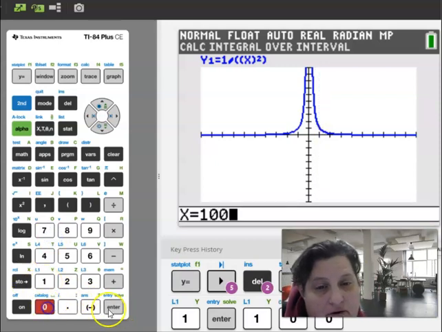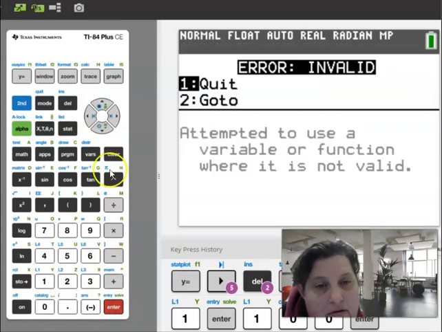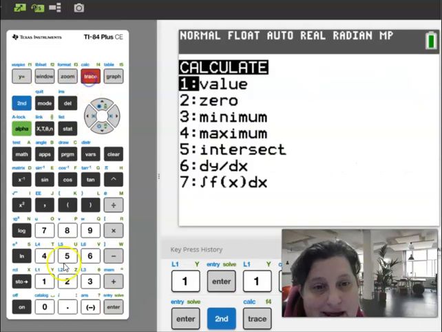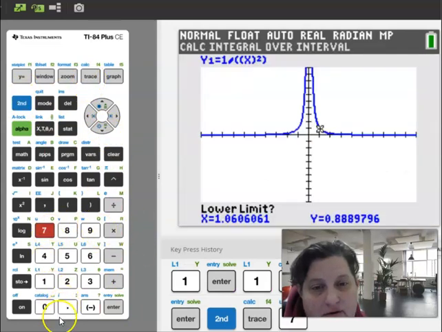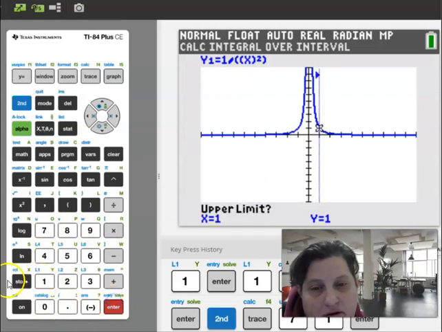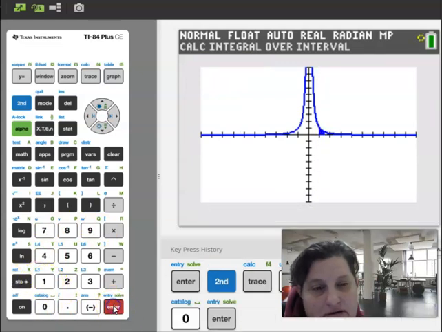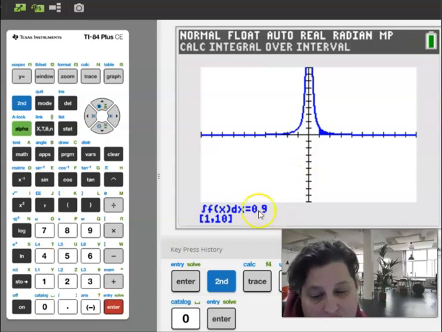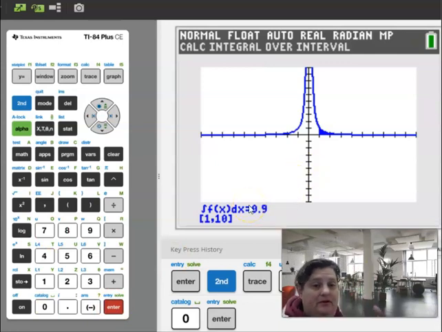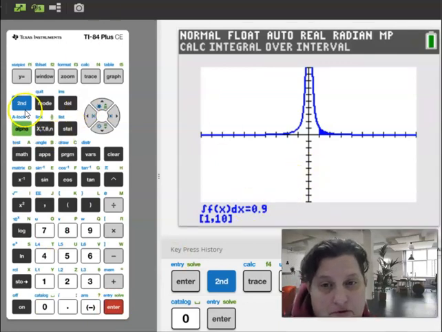Let's go to like 100. Nope, too large. Let's try to calculate 1 to 10. 10 is not a very large number, but it gives me 0.9. And as I get bigger and bigger, it's going to get closer and closer to 1.